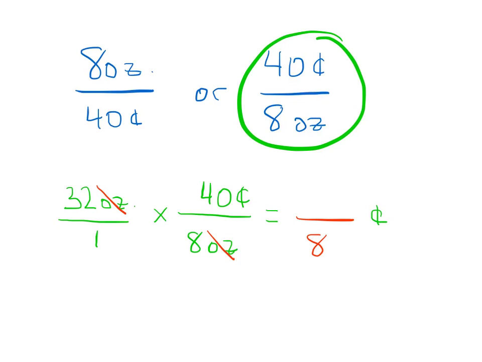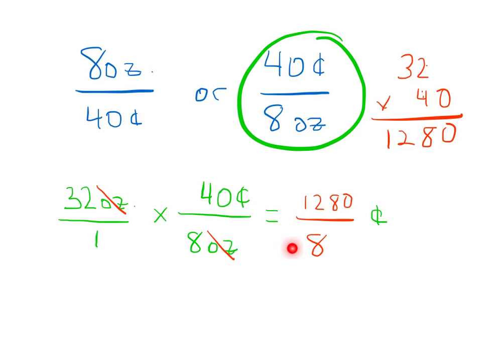Now over here I've got big number 32 times 40, and I'm going to do it this way so that I can save a little work. 4 times 2 is 8. 4 times 3 is 12. Now I need to divide this here to figure out exactly how many cents that's going to be.